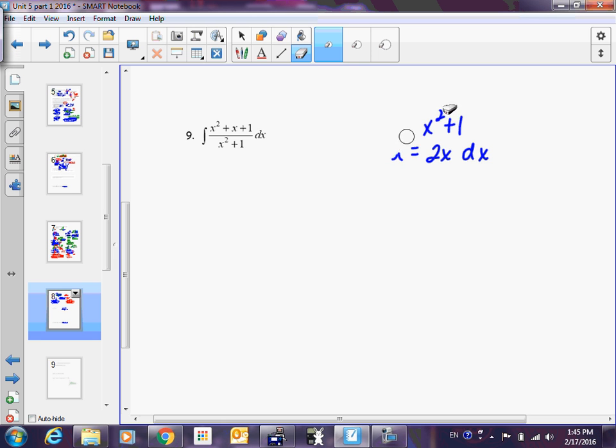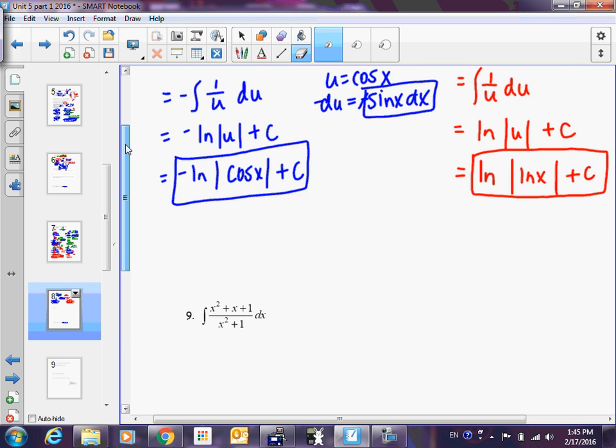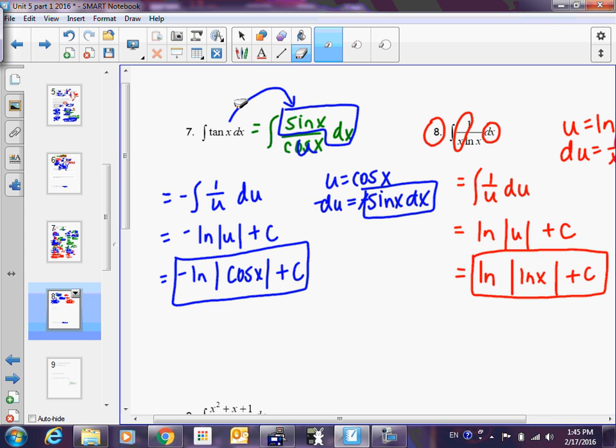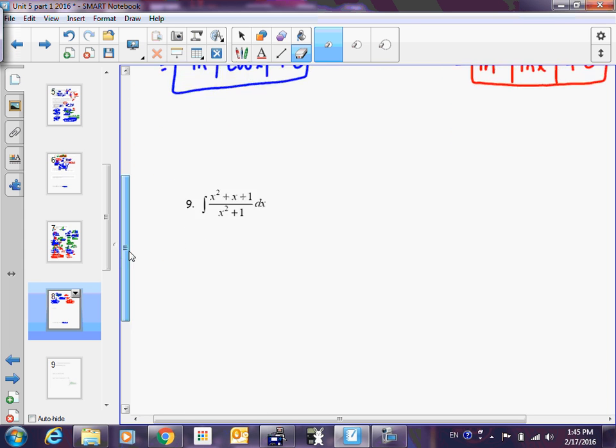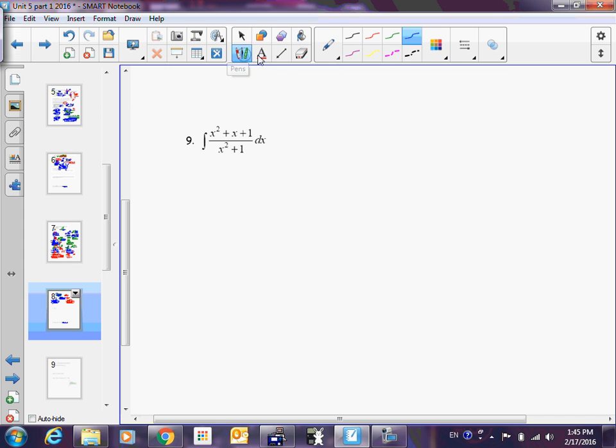You've got to make it look different. Okay, so remember up here, we did this one yesterday. We rewrote the tangent as sine over cosine, and then we were able to figure out the problem. So on 9, we can't really do that, but how do you take a polynomial and divide it by another polynomial?